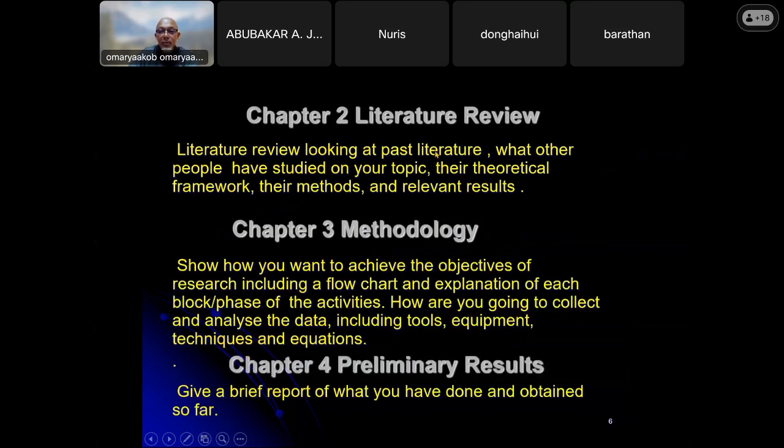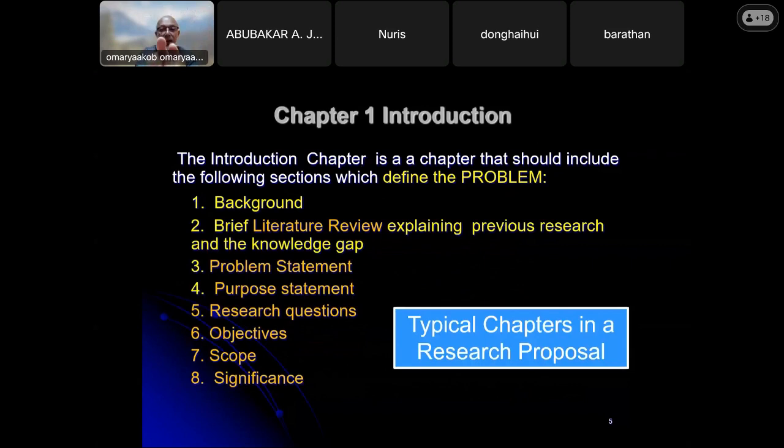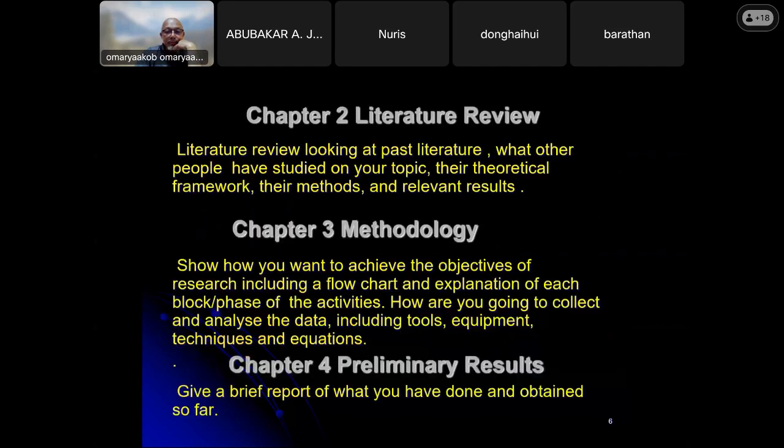In chapter 2, literature review, we look at their methods, their theoretical framework, their results, and so on. So in chapter 2 it is something very deep and broad. In chapter 1, we look at something very specific, deep, but very narrow. We look at just the specific thing that you are going to do in your research.